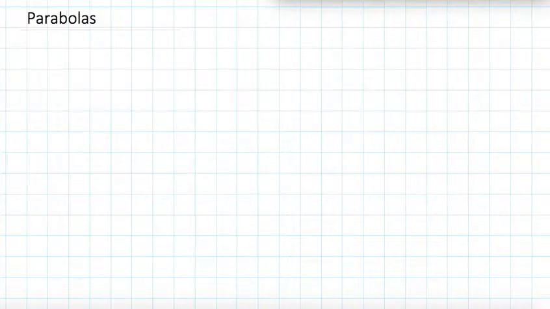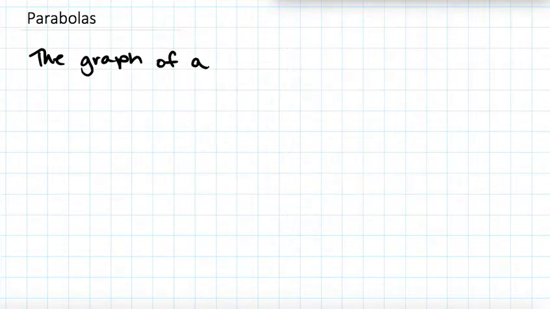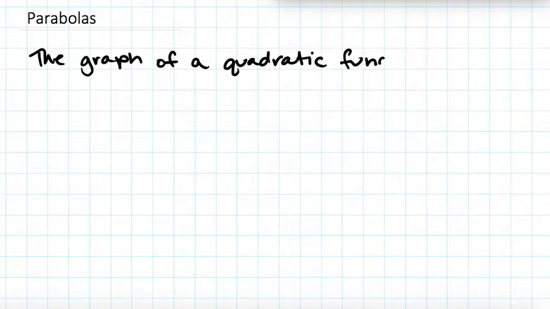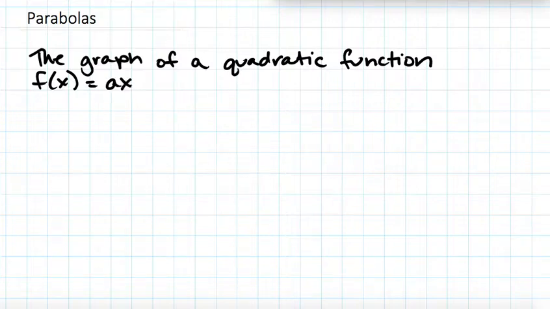So we have the graph of a quadratic function, which is called a parabola. A quadratic function means that it can be written in the form f of x equals ax squared plus bx plus c.